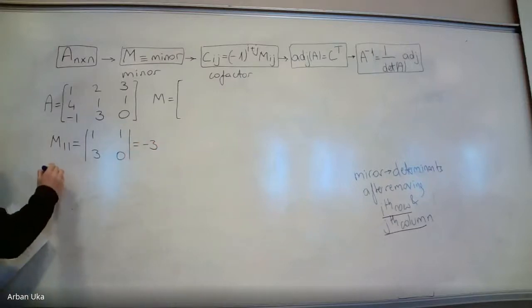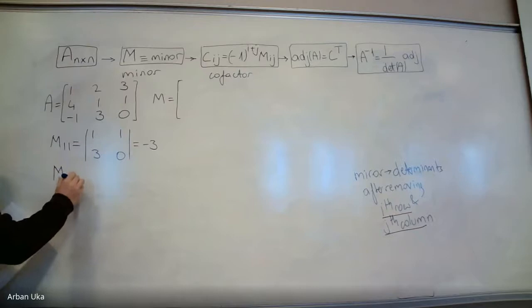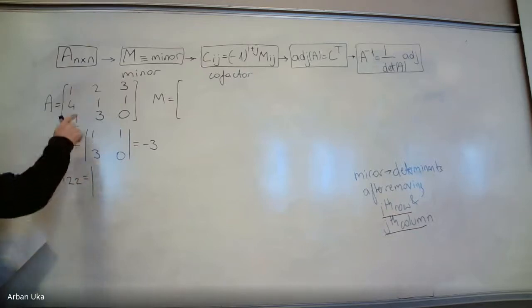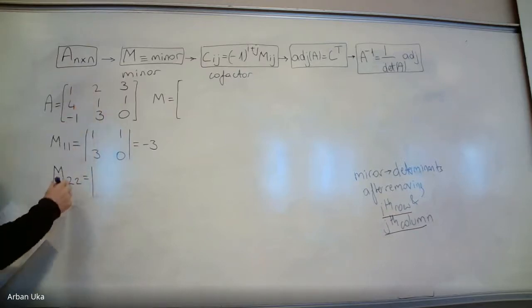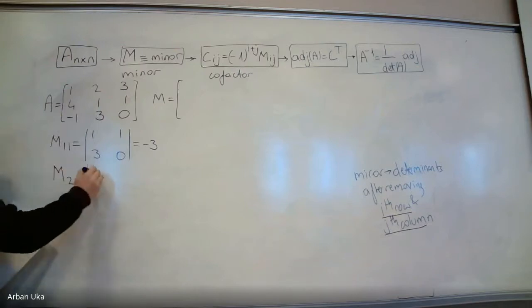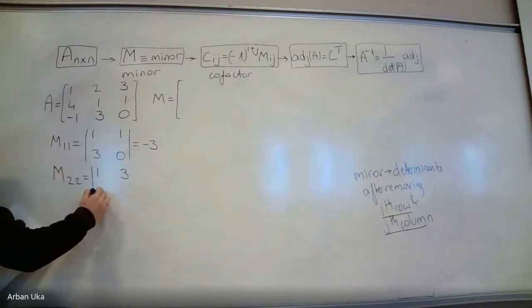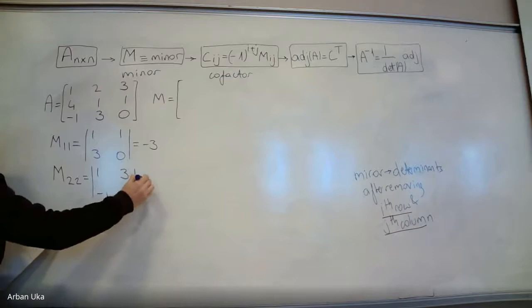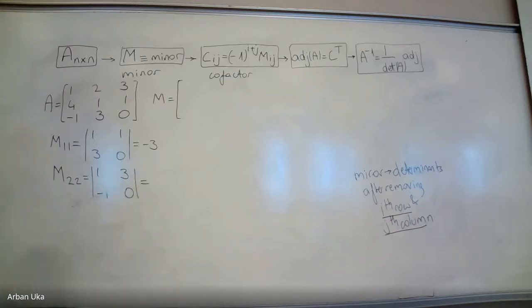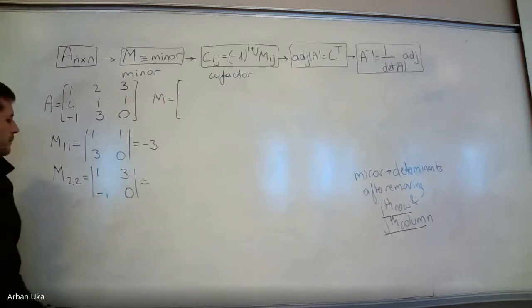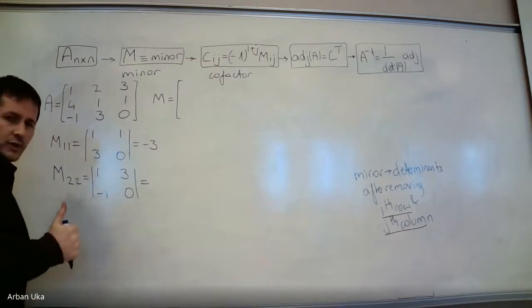Would you agree? M22. What is M22? We remove the second row and the second column, and we have 1, 3, minus 1, 0. What is the determinant here? Three.